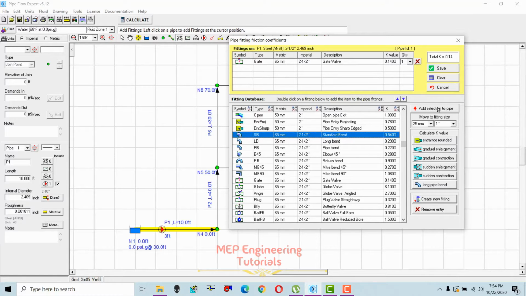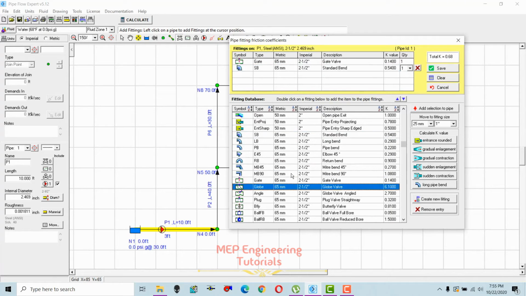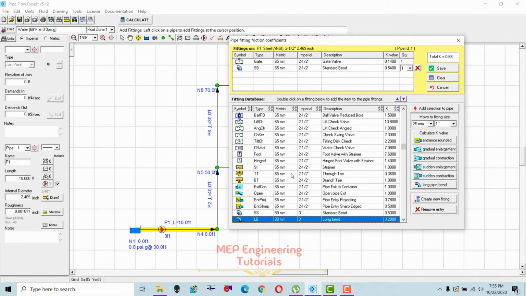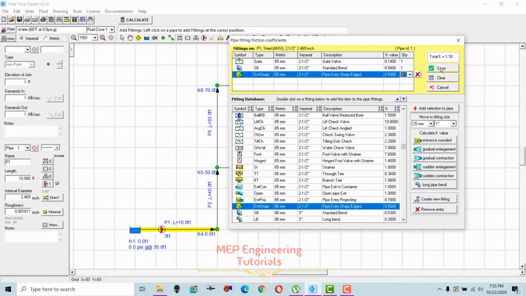Just add to the pipe segment, then the standard bend will be added, that is the elbow. One more thing I will add in here is pipe entry, sharp edged, from tank to the pipe. I'm going to add this fitting. Just add to the pipe, and you can see the total K value for these three fittings is 1.18. After that just save it.